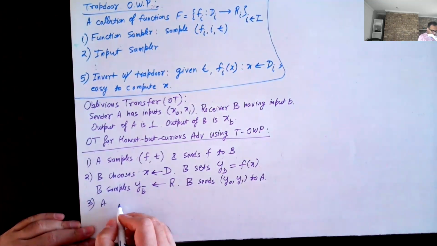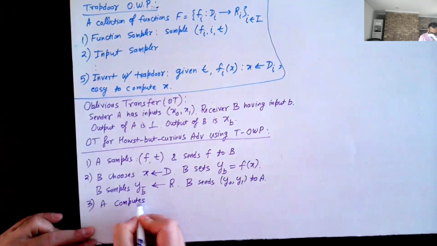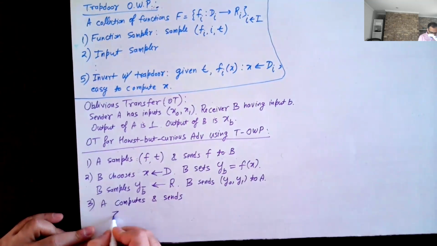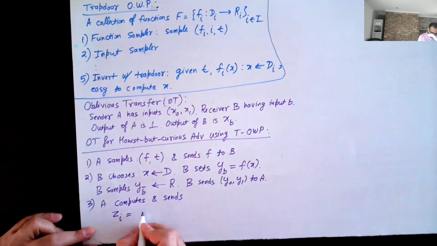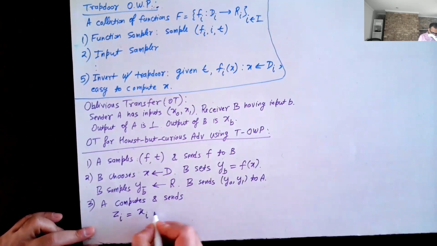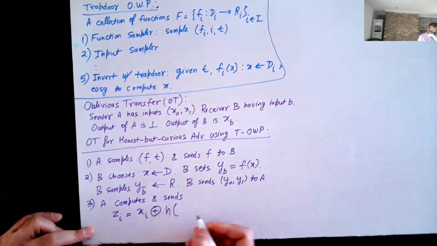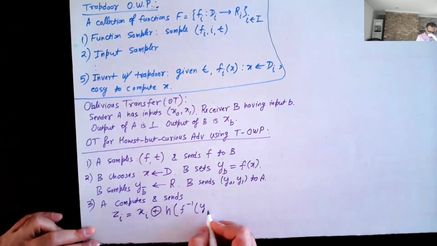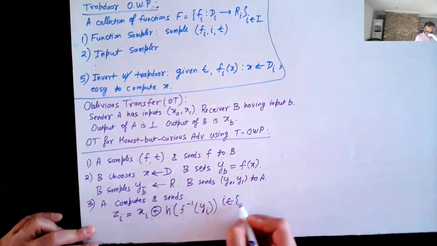Okay, so A computes and sends Zi equals xi XOR the hardcore predicate of f inverse of yi, for all i in 0 and 1.